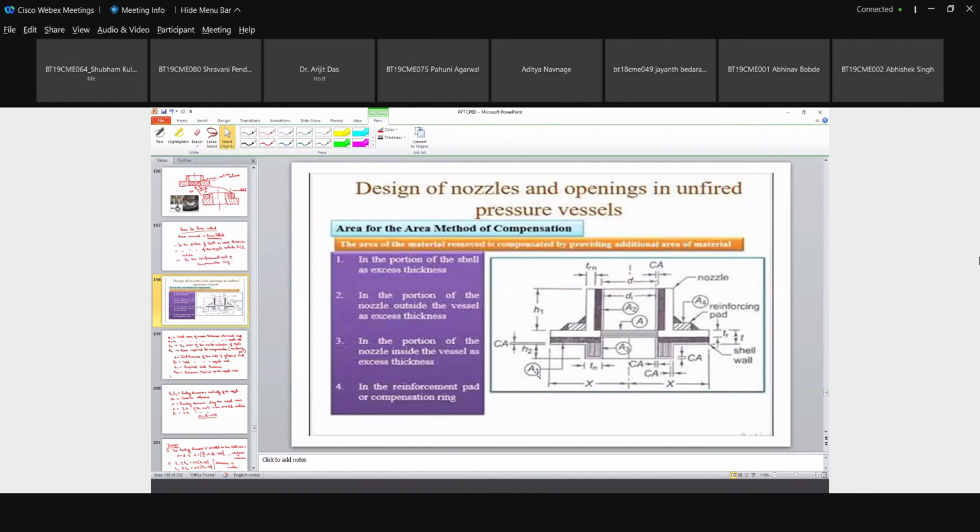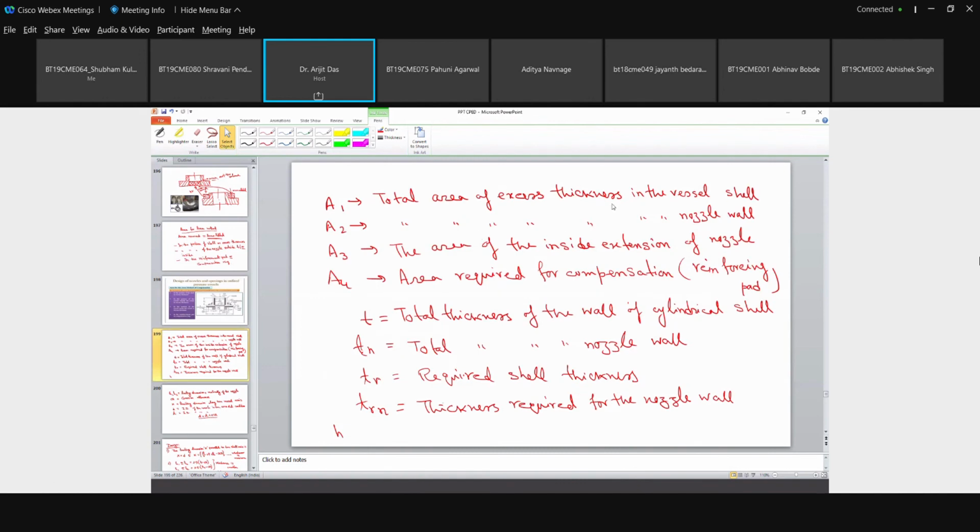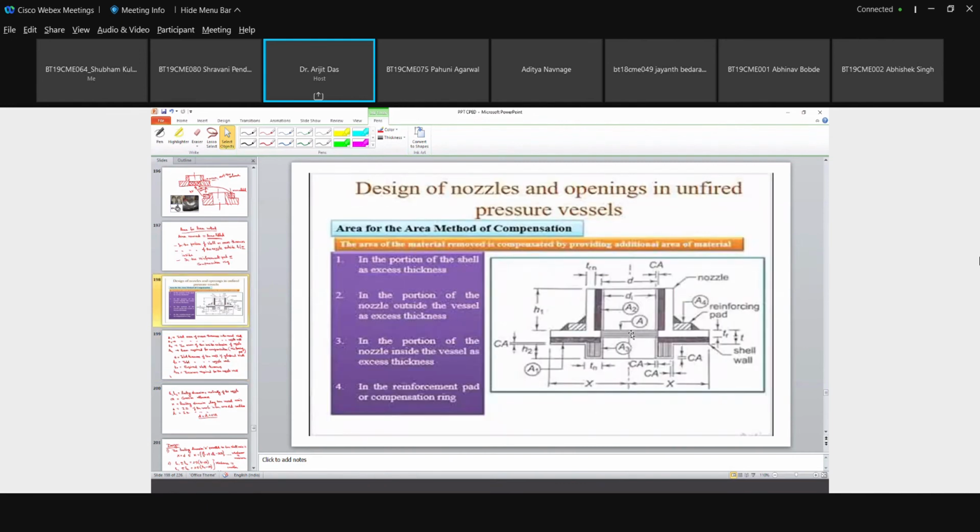So A1 is attached, there is an excess thickness in the vessel cell.